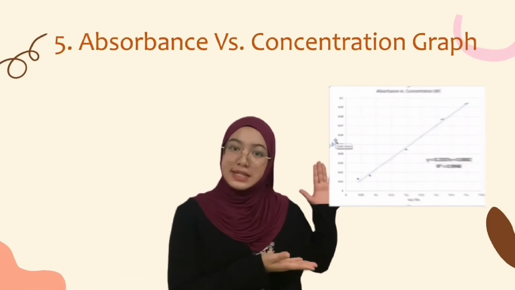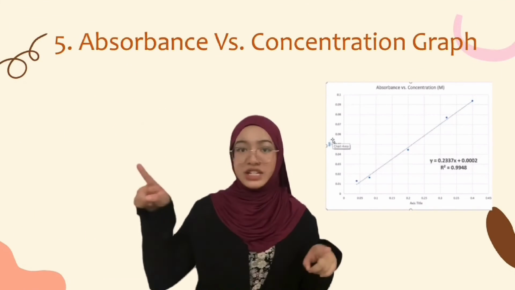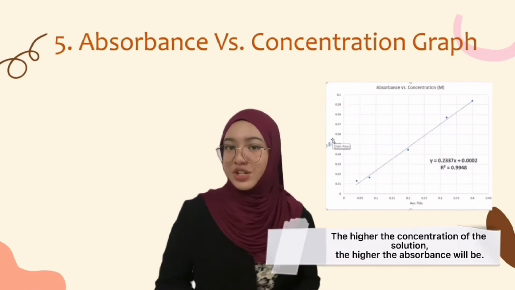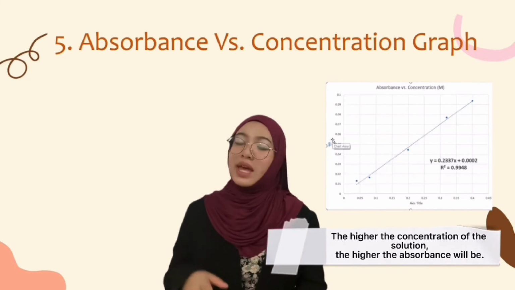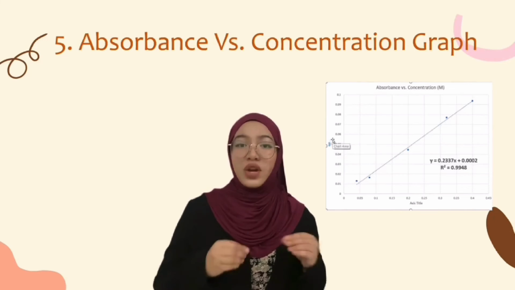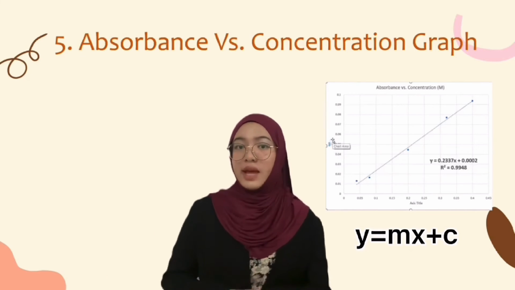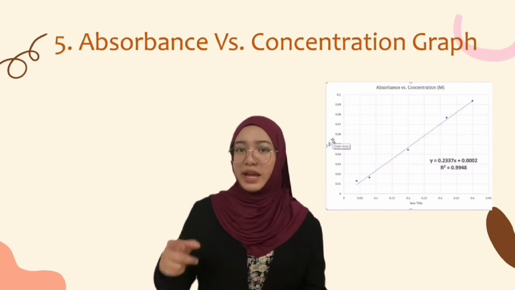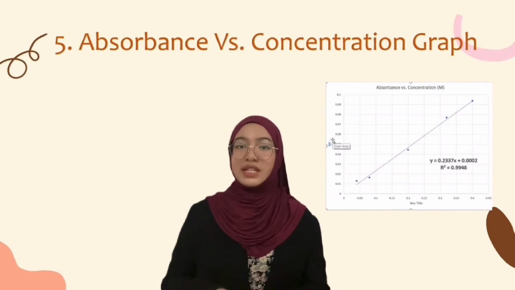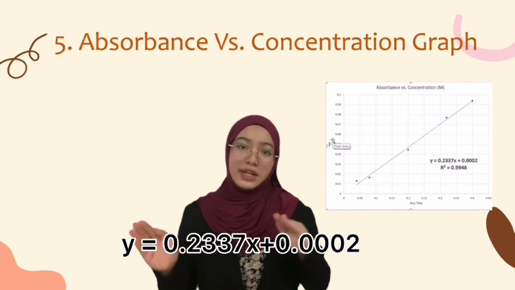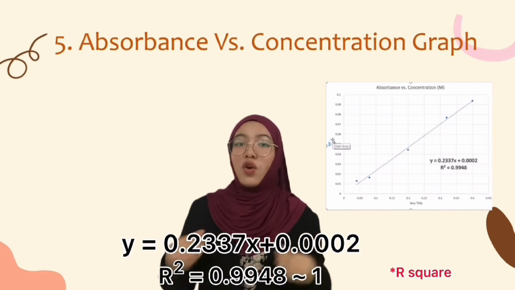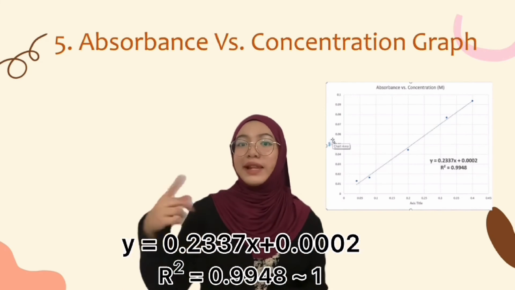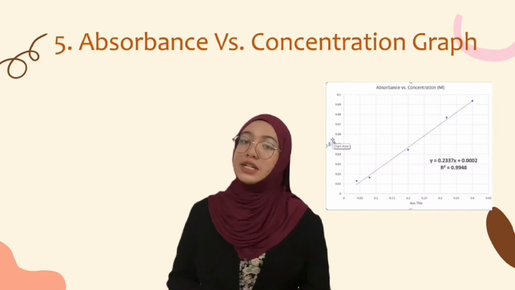The graph of absorbance versus concentration shows a linear relationship, which is, the higher the concentration, the higher the absorbance will be. In a linear plotted graph, the equation y equals mx plus c can be used to obtain data from the graph for calculations. The best fit line of the linear equation was created, which is here. The R2 value is near 1, which is 0.9948, representing that the values are close to the actual linearity of the data.